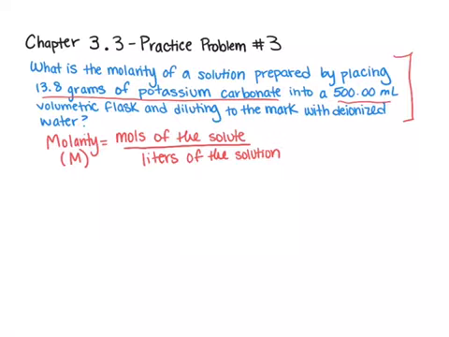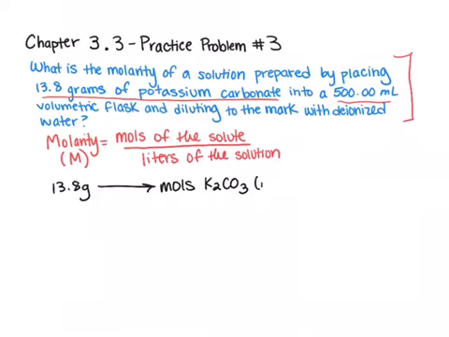So the first step is that we are going to have to convert grams into moles. So we are given that there was 13.8 grams of the solute potassium carbonate, and we want to convert that mass given into moles of potassium carbonate.